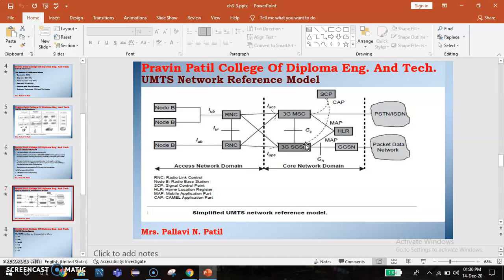The major difference is that the RNC has more intelligence built in than in GSM GPRS. For example, the RNC can autonomously manage handover without involving the MSC and SGSN.